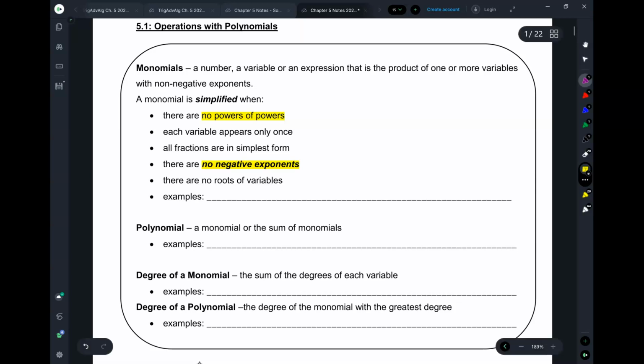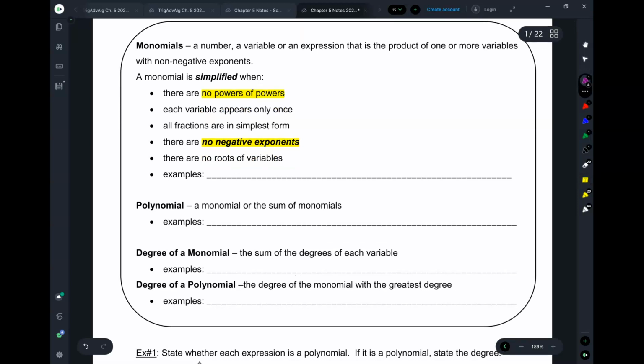Okay, so what are some examples of simplified monomials? For example, 5x squared, that's a simplified monomial, all right? 2 over 3x is a simplified monomial. Like just 27, that's a simplified monomial. You could have like 27xy, whatever.